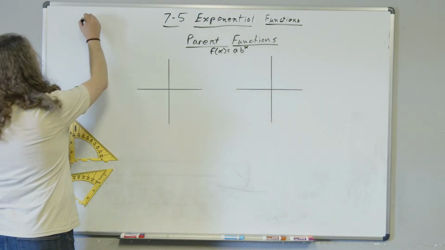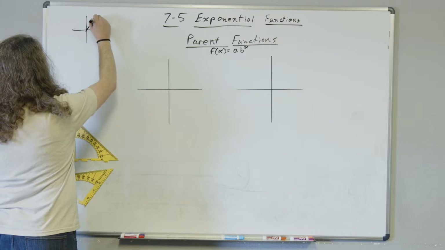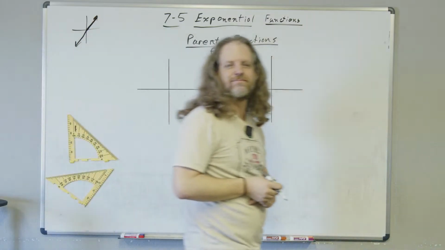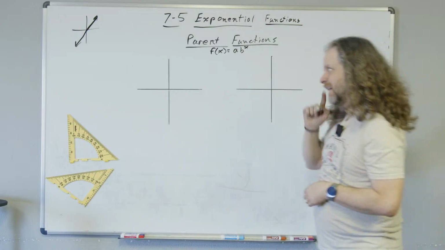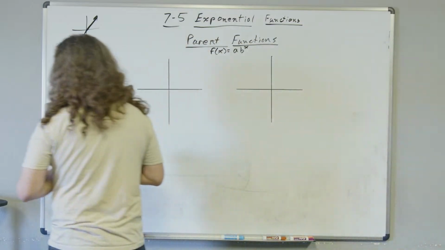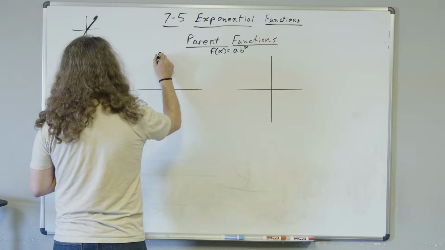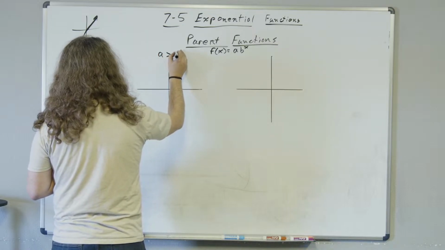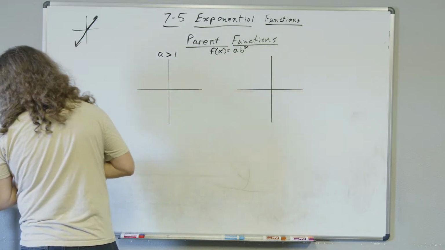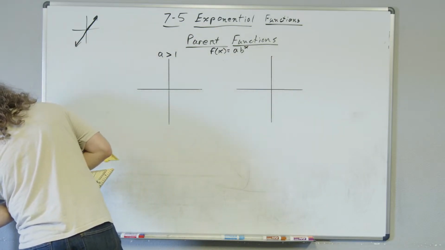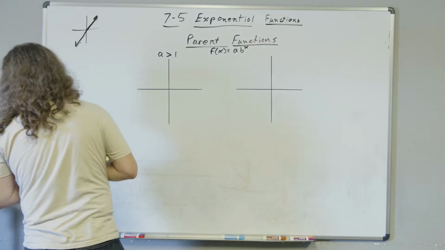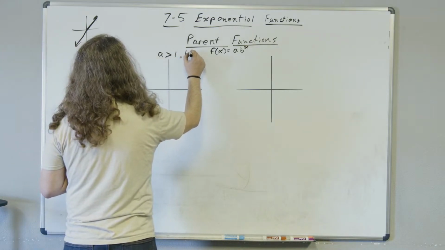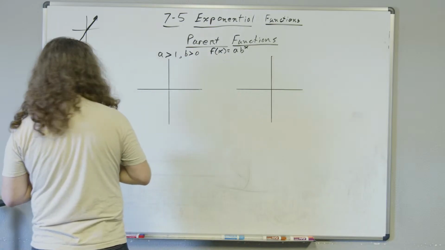Like the linear parent function looks like this, right? Yeah, we've been seeing that for a long time. Exponential parent function looks like this. If a is greater than 0, and b is greater than 1, then the parent function looks like this.